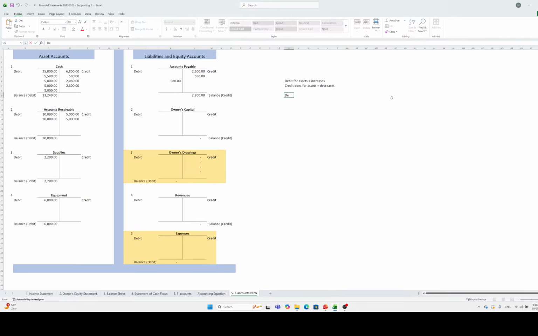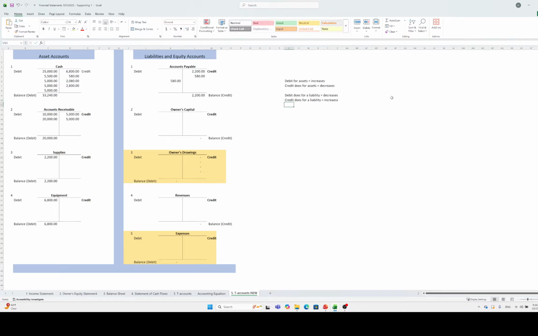However, what credit does for a liability is the opposite. Debit decreases, and credit, for a liability, increases.